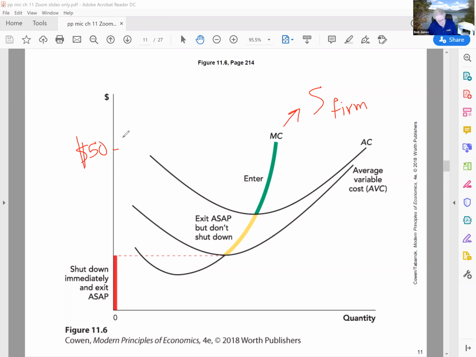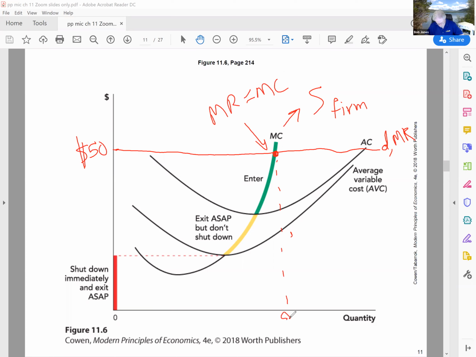If the market price is 50, then the demand for this firm's product is horizontal at 50, and that is also the firm's marginal revenue curve. Where is it going to produce? It's going to produce here, where MR equals MC. It's going to produce whatever this quantity is. We'll just call it Q0.